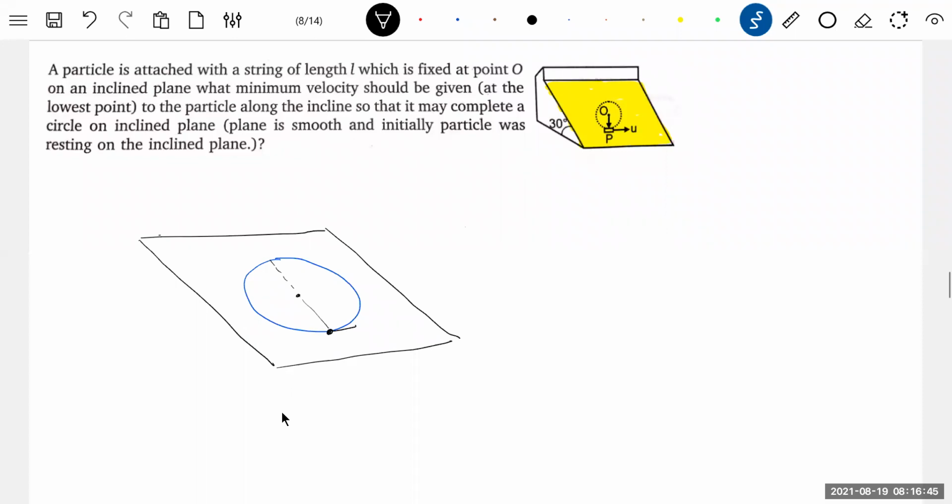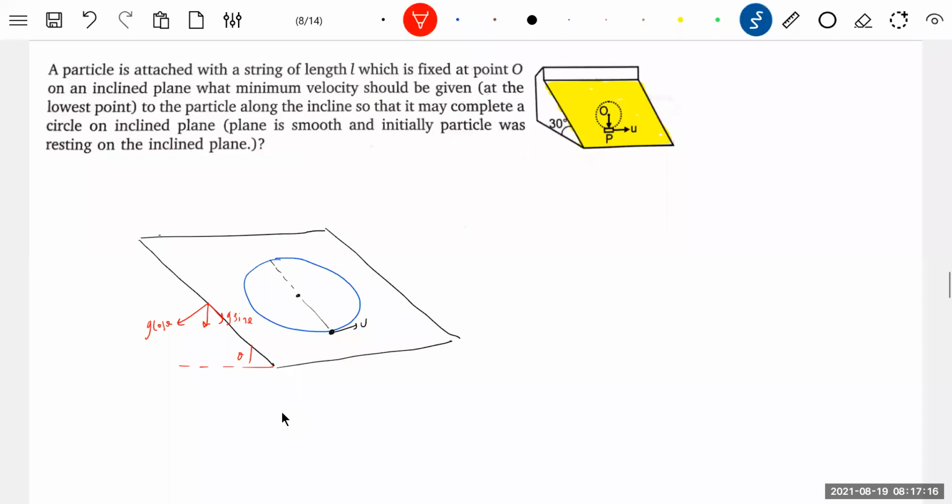What minimum velocity should it be projected with along the incline? So look at now here. If you resolve g, g sin theta, g cos theta will not have any role. What will be there is g sin theta only. So instead of g now, g sin theta will come into the picture. mg sin theta will act here.